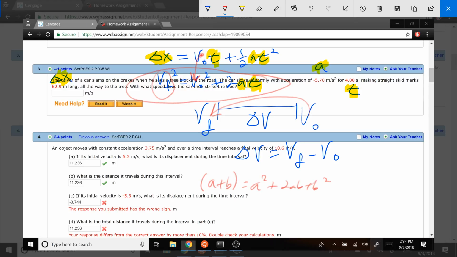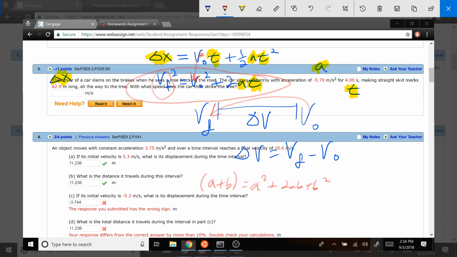Okay, but that did not get me to the answer. So I go for another kinematic equation, which is the delta x one. Delta x equals V naught t plus 1/2 AT squared. Now look at that, and I realize that I have that one.